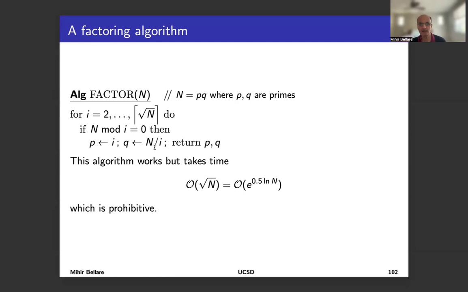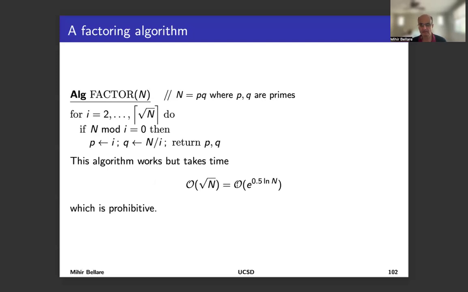And any division that works, meaning it evenly divides n in the sense that the remainder of dividing n by the candidate factor is 0, then this must be one of the two factors, and the other one is easily obtained as this ratio. So I just try candidate factors one by one. I can stop at root n since nothing bigger than that is possible as long as one exists. And I will factor. But the running time is proportional to the square root of n.